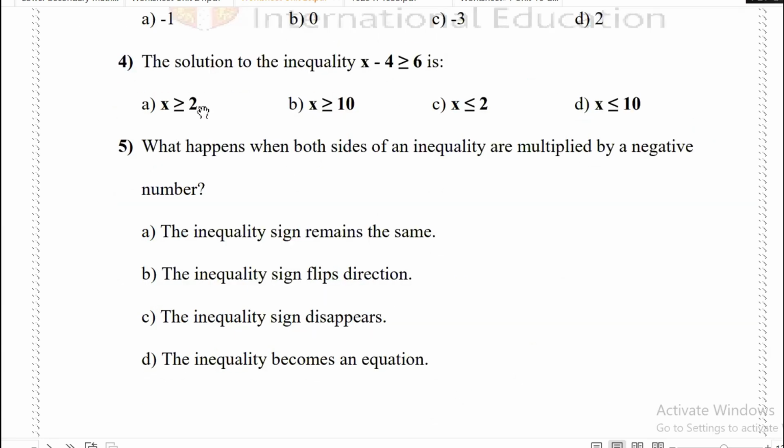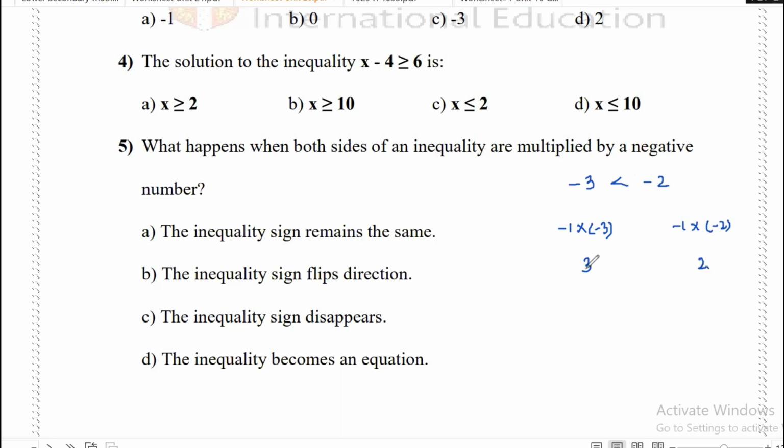Next, question number 5. What happens when both sides of an inequality are multiplied by a negative number? So remember, if we have negative 3, which is less than negative 2, and I multiply by minus 1 on both sides, what will happen? Minus 1 multiplied by minus 3 gives plus 3, minus into minus 2 gives plus 2.